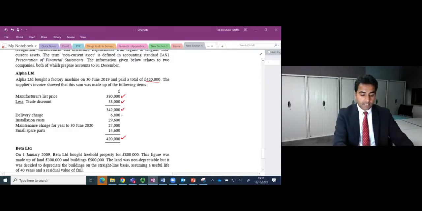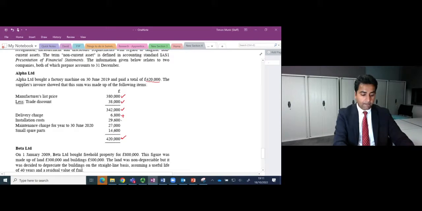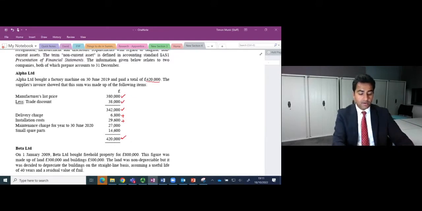IAS 16 says that any delivery charges should be added into the value of the asset. IAS 16 also mentions that any installation costs should also be added into the cost of the asset.